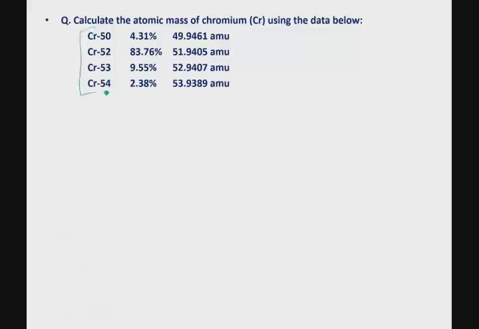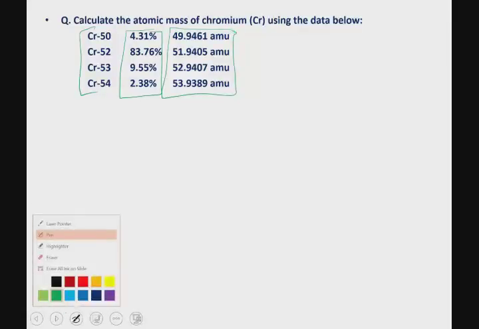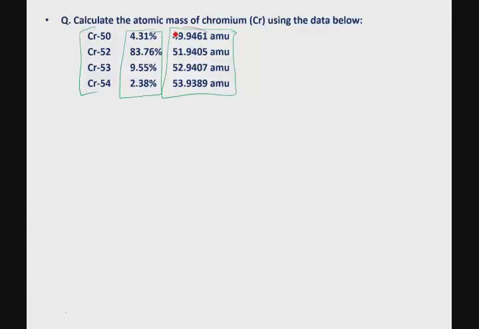Each isotope has a certain percent natural abundance, and we're also given each individual isotope's relative atomic mass. One thing I would like to point your attention to again is that if the atomic mass of an isotope is rounded to the closest whole number, that gives us the mass number of that isotope. That's only true for isotopes though.